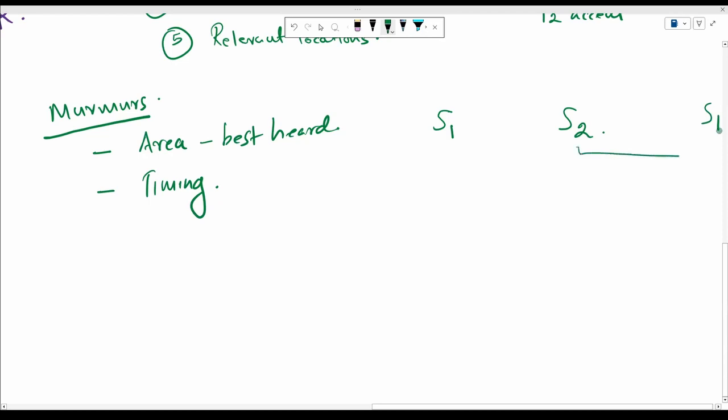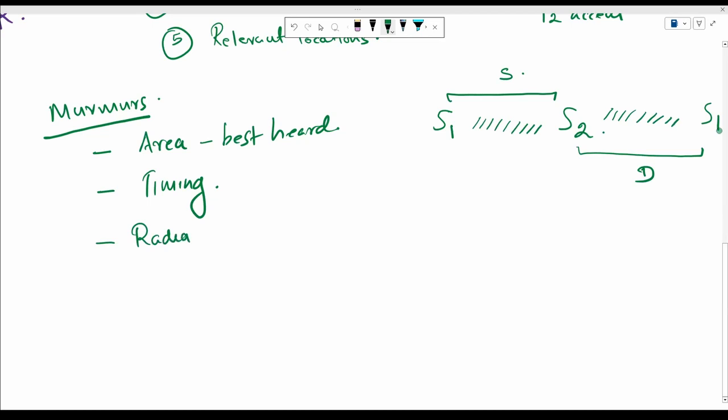So this is your diastole and this is your systole. If you hear a murmur in this region between the two sounds, it is a systolic murmur. If you hear a murmur during this region, it is a diastolic murmur. So timing of the murmur is important.